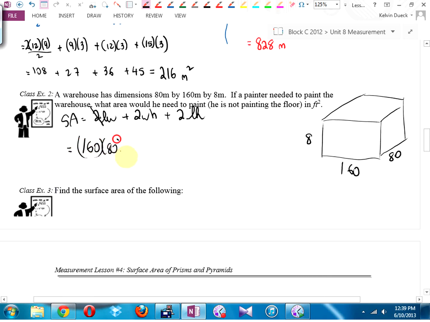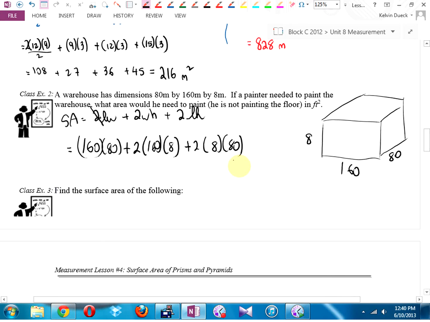So what's the surface area going to be? Ceiling. Front and back walls. Two side walls. Yeah? 160 times 80 plus 2 times 160 times 8 plus 2 times 8 times 80. Is that okay?